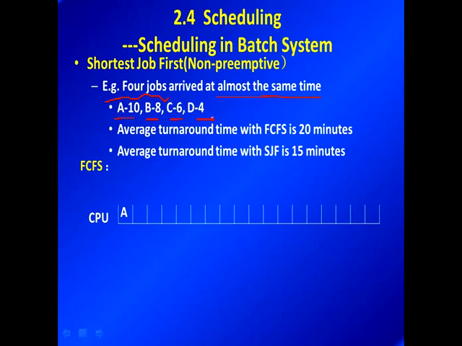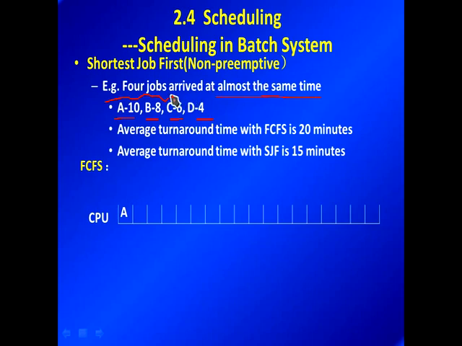For FCFS, the execution order should be A first, then B, then C, then D, because in FCFS the jobs are executed in the order they arrive at the system.